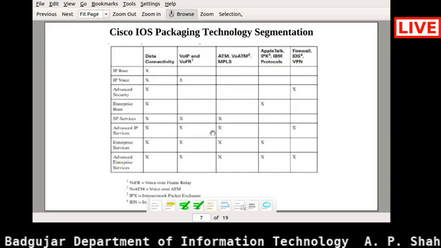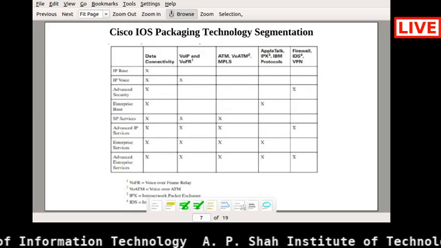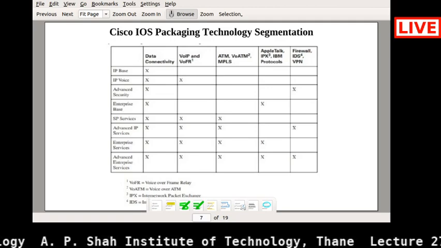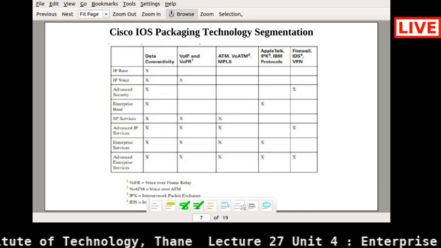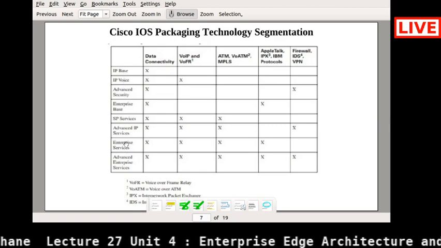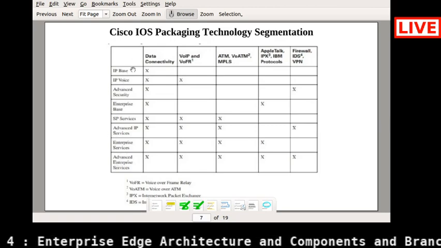So from that we will have some segmentation here. I'm going to do some logical segmentation with respect to this Cisco iOS packaging. These are the Cisco IP iOS packaging: IP base, IP voice, advanced security and all that, which we have already discussed.